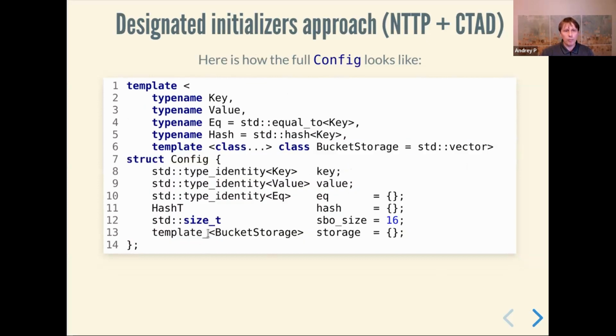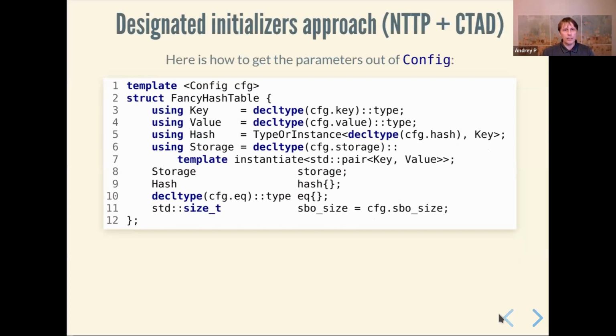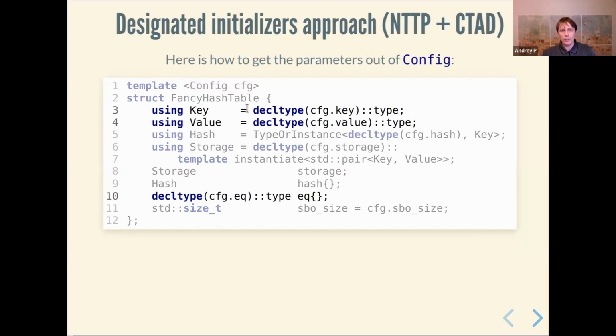So I've devised a small variable called template, which just wraps around, but it's pretty similar to what type identity is doing. And then when we go and actually use it, we pass the config as is without template parameters because it gets deduced. And then for the type parameters, we just use decltype of the field, which will be the type identity in this case, and we use ::type to get the actual type.